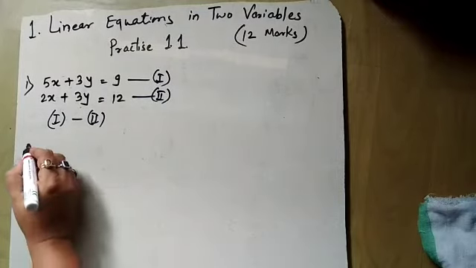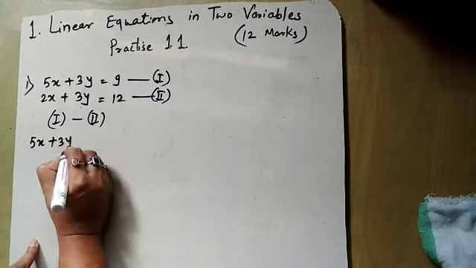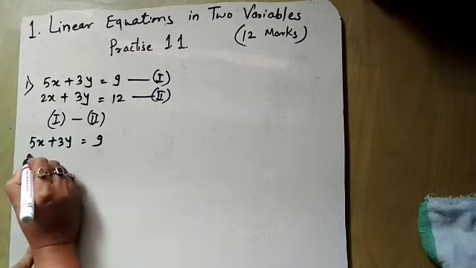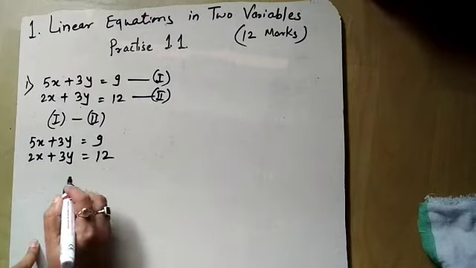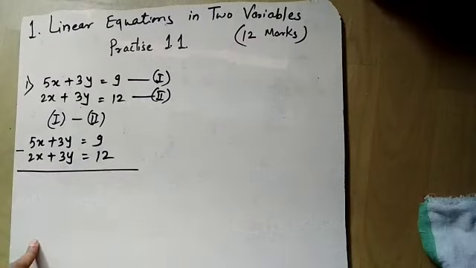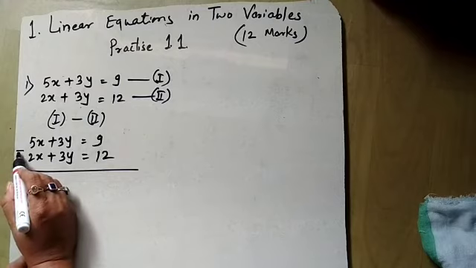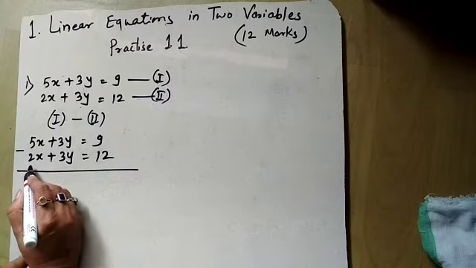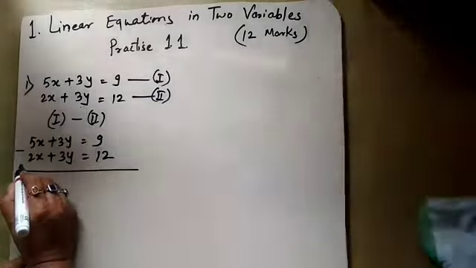I will do subtraction. 5x plus 3y equal to 9. Then 2x plus 3y equal to 12. For subtraction, write both the equations one below the other. Then as I am doing subtraction, I have written the minus sign here. Then the step is for the second equation, we are going to change the signs.